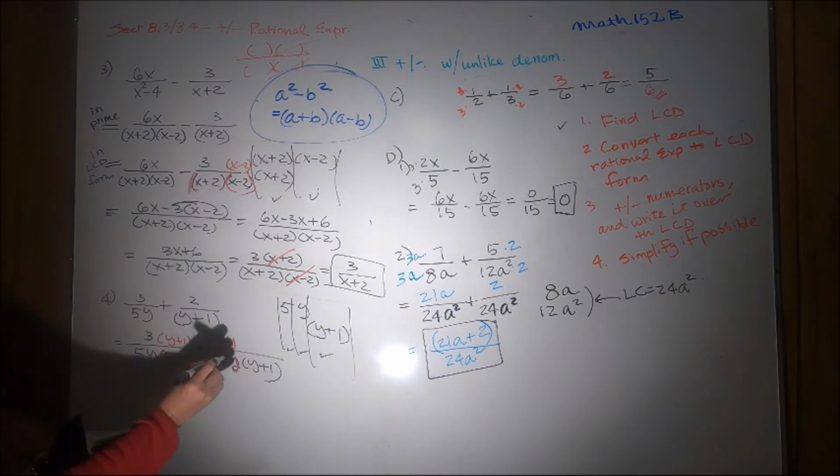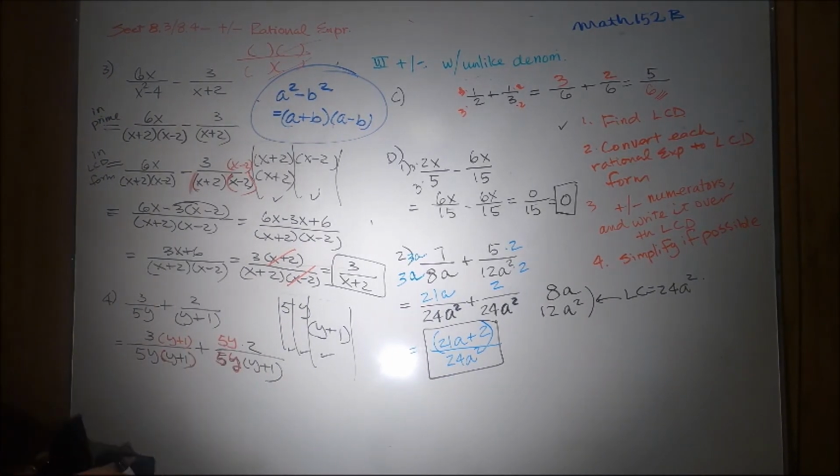This one was 3, this one was 2. Then we will combine the top, that's 10y, right? And over the what? The LCD.